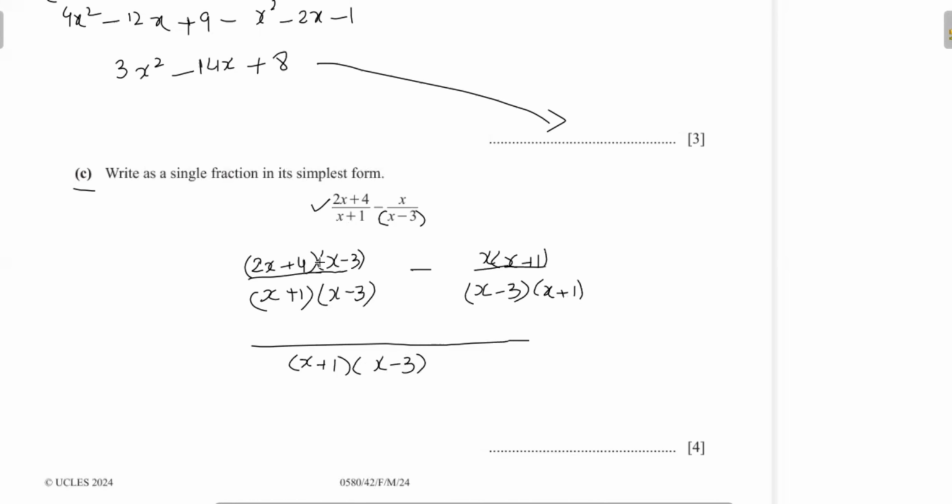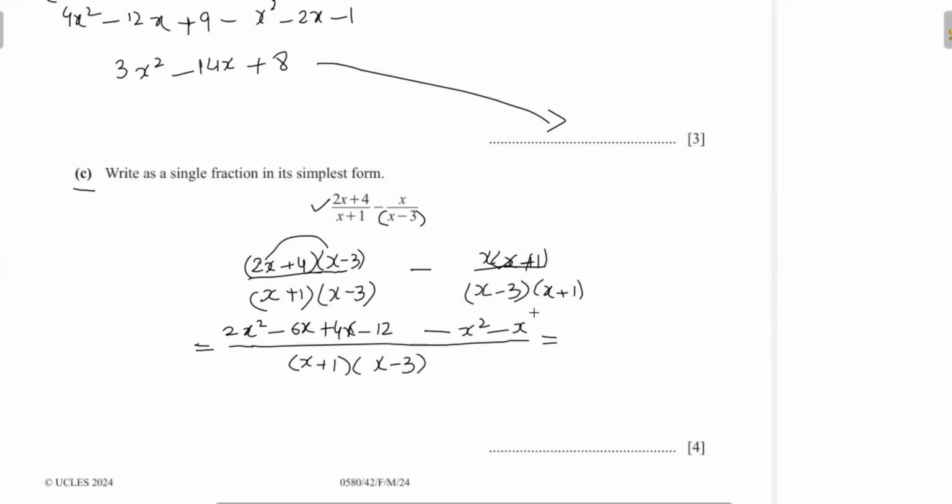And the numerator of the first fraction, we can expand it, and this becomes equal to 2x squared plus 2x into minus 3, that's equal to minus 6x, plus 4x plus 4 into minus 3, minus 12, and the minus x into x, that's equal to minus x squared, minus x into 1, this is equal to minus x.